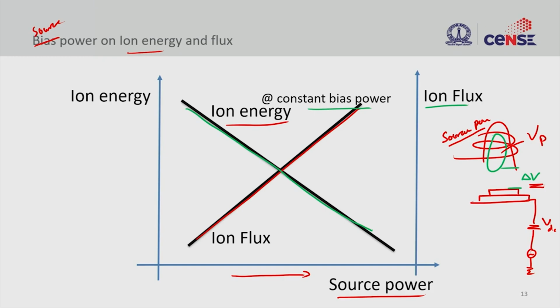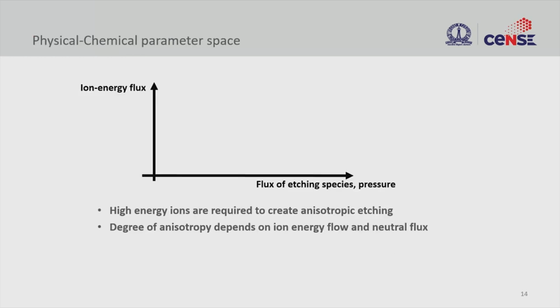This is how you will control in your etch process whether you want high ion energy or high ion flux. So which parameter should you change? By understanding this, we can change either bias power or source power, depending on what you want to change.